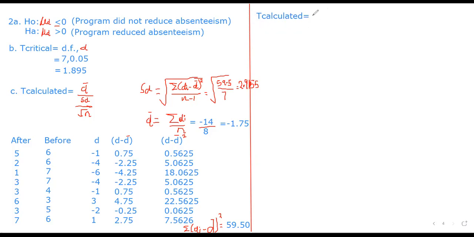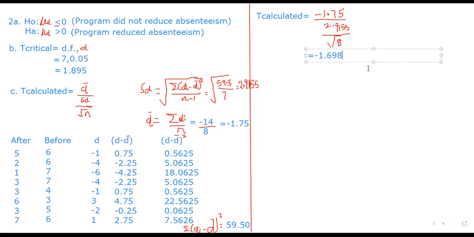With D bar, we got negative 1.75, all over SD which is 2.9155, all over square root of 8. So you get negative 1.6977.